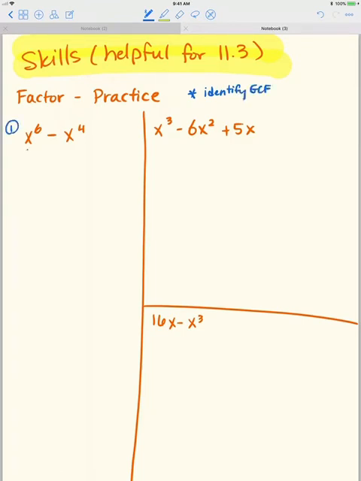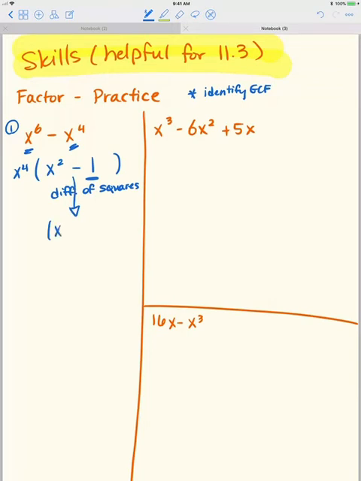So in this first problem, the x to the sixth and the x to the fourth term have x to the fourth in common. And if we factor that out, we're left with x squared minus 1, because we still have to have somewhere to hold the place where the x to the fourth lived. And then, if you notice, what you have left in the x squared minus 1 is a difference of squares.